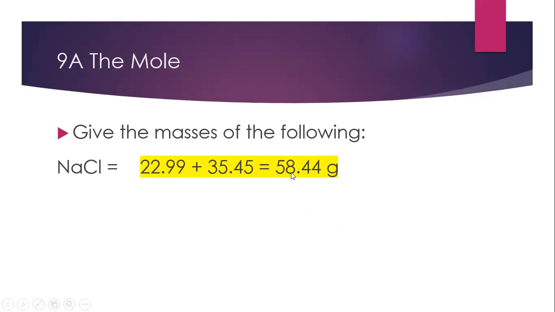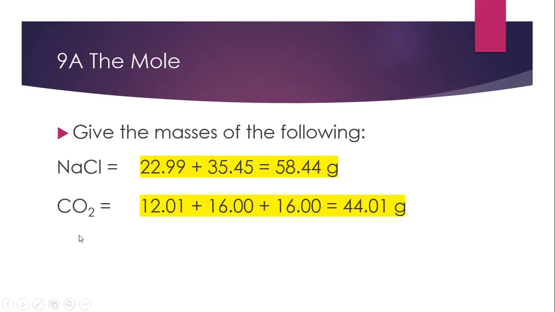You add those together, 58.44 grams. We could also say grams per mole if it asks you for molar mass. Okay, what about CO2? 1 carbon is 12.01. There are 2 oxygens, so we have 16 plus 16, 44.01 grams of carbon dioxide.